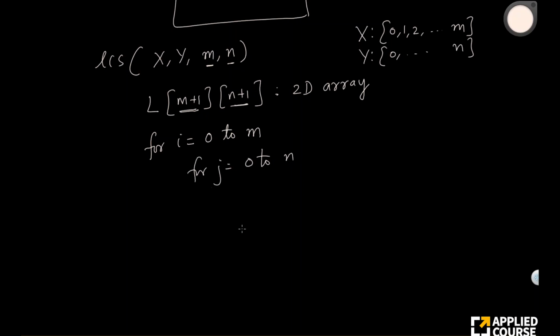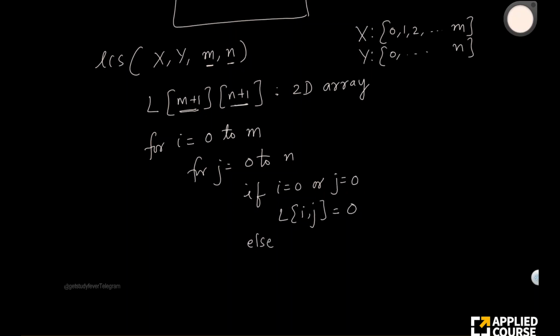So this is basically a twin loop. What I'll do here is this. If i equals 0 or j equals 0, then L[i][j] is equal to 0. Obviously, if the lengths are 0, of course, the longest common subsequence will be of 0 length.